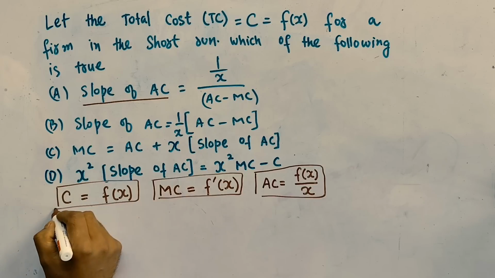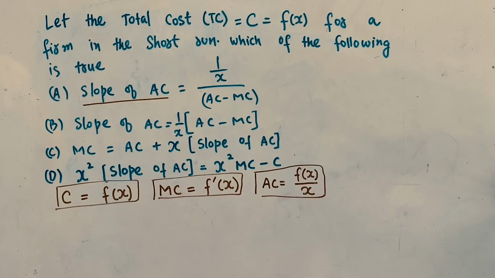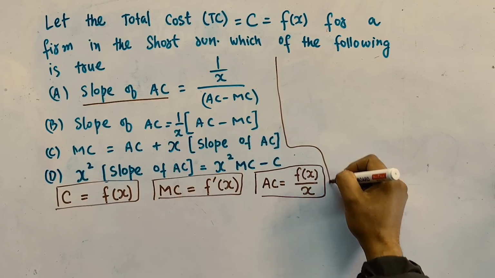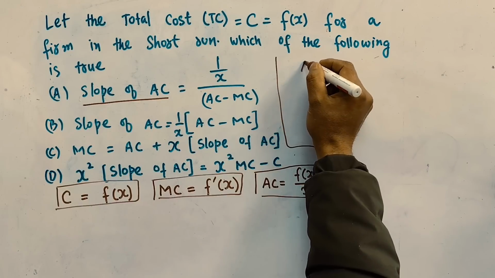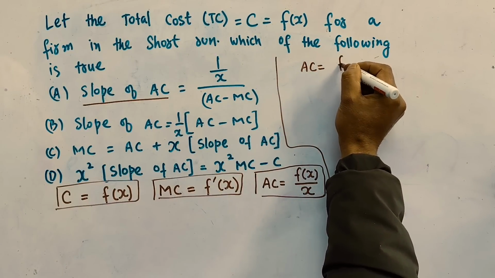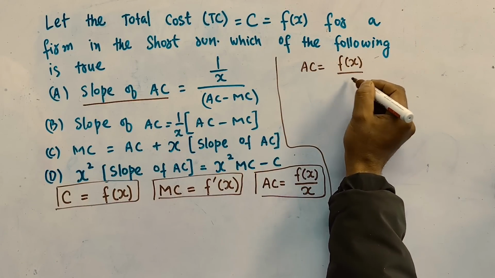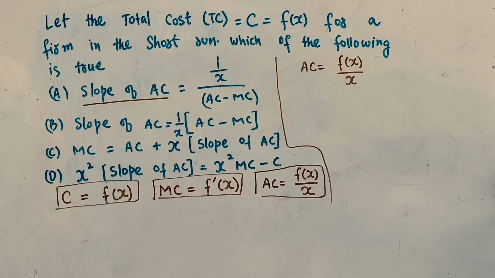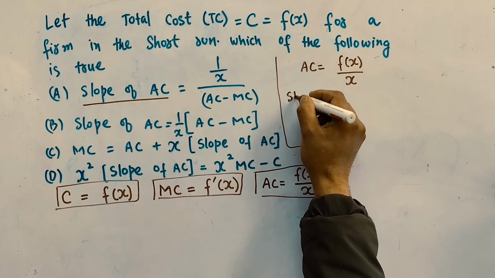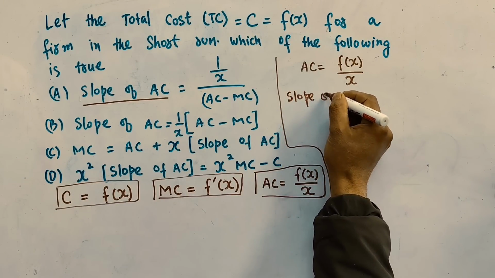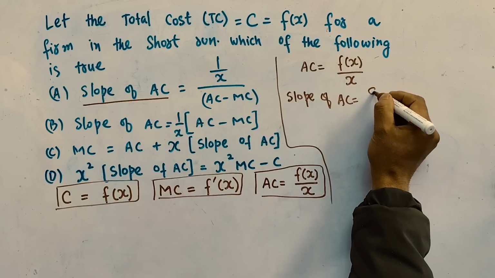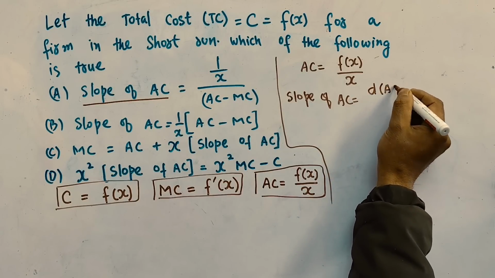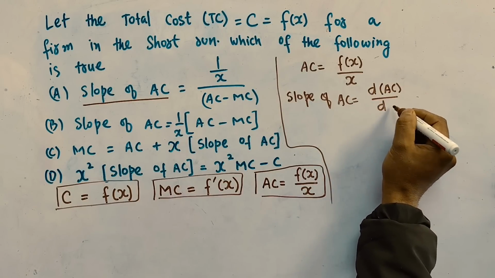Now we need to find out the relationship. I have much space here, so let us solve it one by one. Now what is the slope of average cost? As we know, average cost is equal to f of x, total cost, divided by x. Now what will be the slope? The slope of average cost will be equal to the change in the average cost due to the change in the units of x.